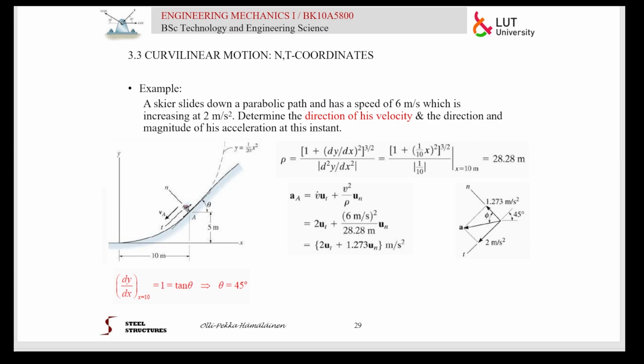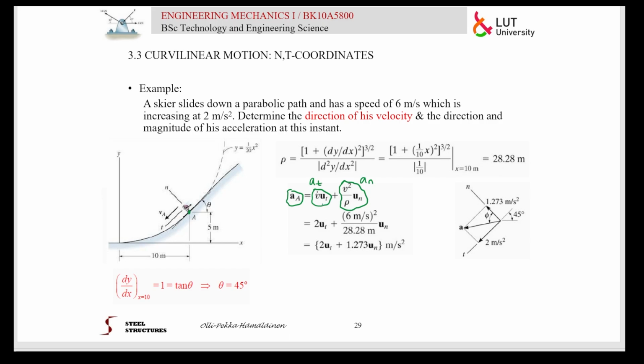Now this is presenting a very new notation for you. It's written that the acceleration of the skier at point A equals a tangential component and a normal component. This is the AT, and this is AN.